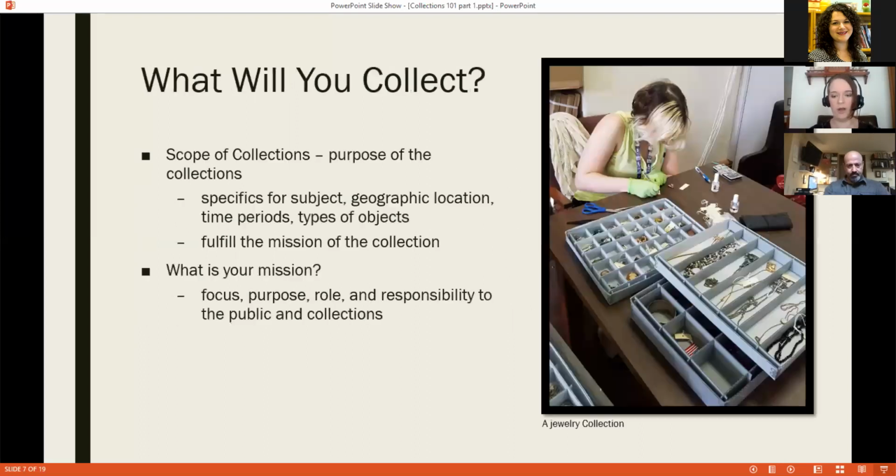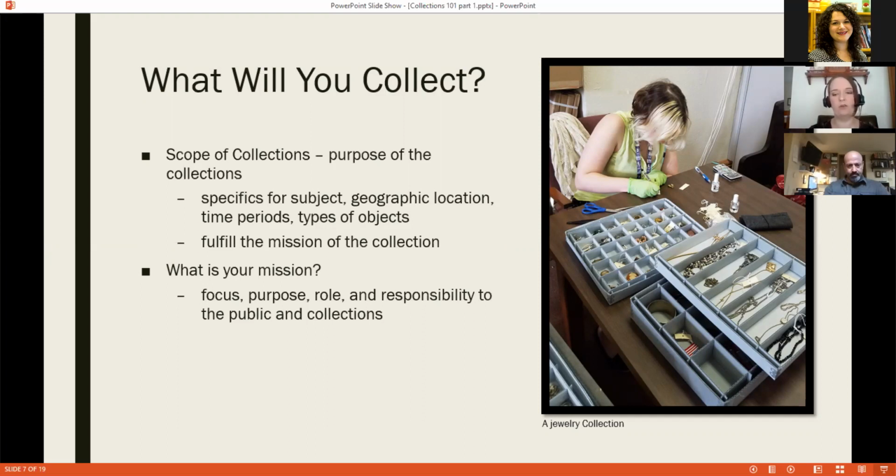So you have an institution, a museum, historical society, whatever it may be. Congrats. What are you collecting? It's one thing to say we want to collect everything having to do with our particular area, but is it really in your best interest to focus your scope of collections? What is the purpose of your institution?